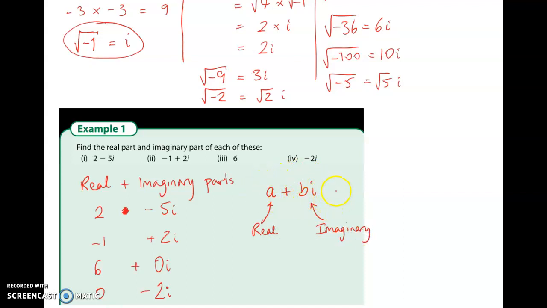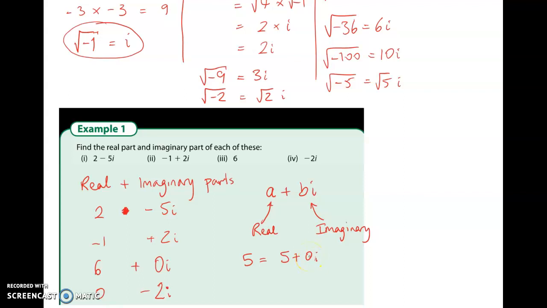It's just a way of saying, well, write it in that format, okay? So the number 5 could be written as 5 plus 0i, if you wanted to write it like that. Generally speaking, when you're dealing with a complex numbers question, there's going to be two parts. So it's not often that it comes up with just an ordinary real number.